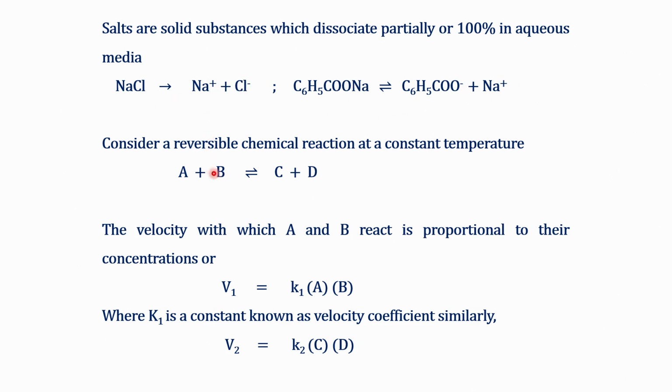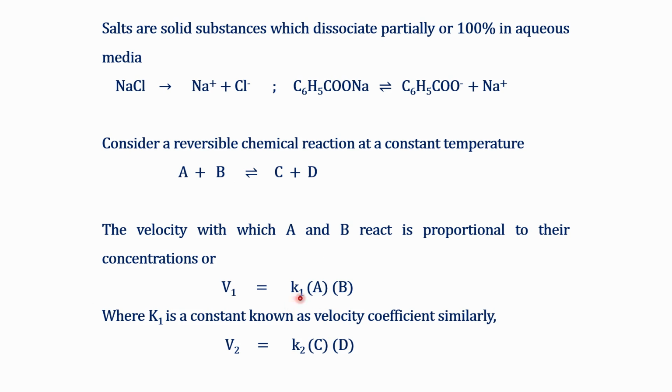Okay. So, coming back to this discussion, consider we are going to write a chemical reaction at a constant temperature. We write A + B going to C + D, correct. Reactant A will react with reactant B to give you a product C and another product D. So, the velocity with which the forward reaction goes is proportional to their concentrations. Very fundamental equations in college chemistry still.